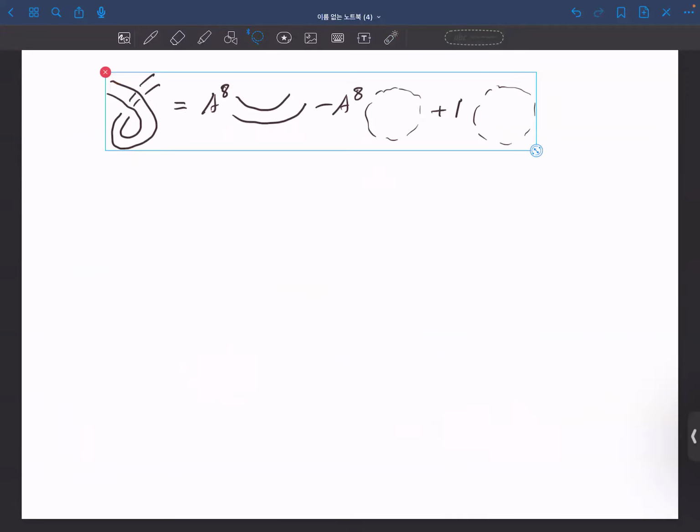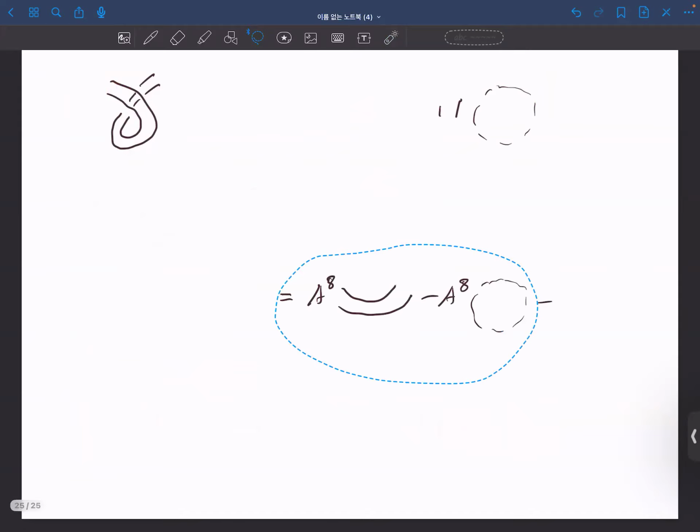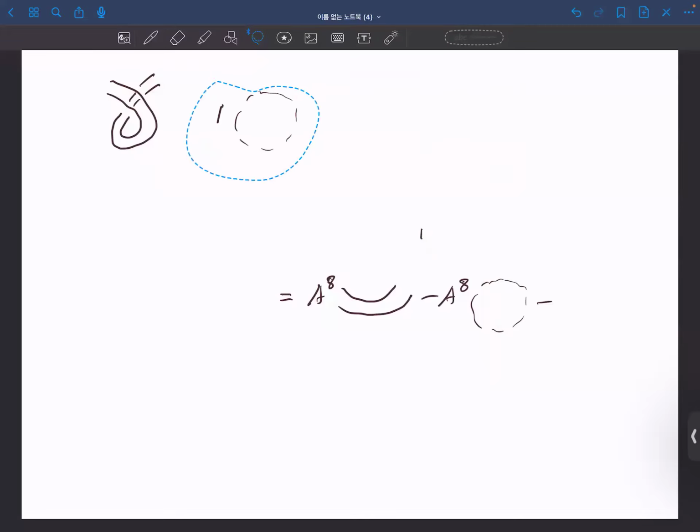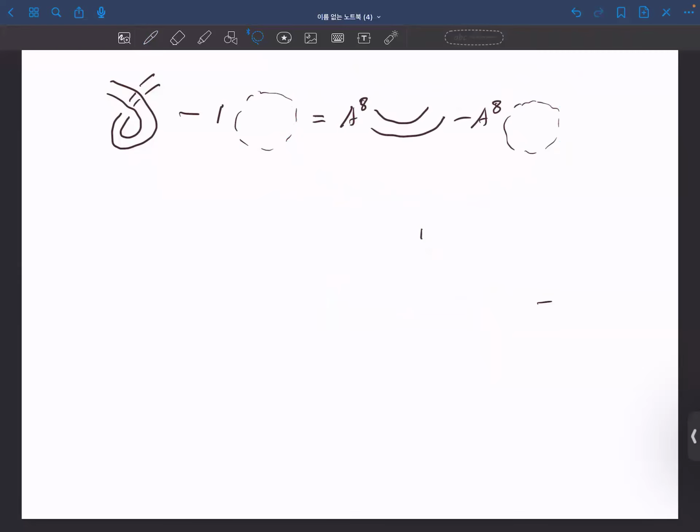What does it mean? I move this one, minus, and equal to this one.